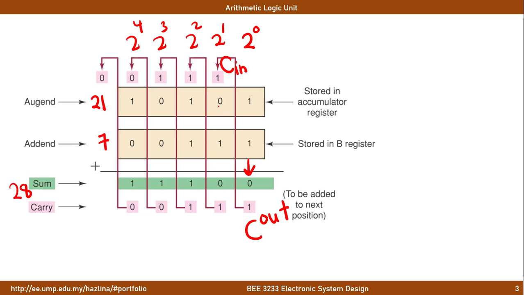The second addition is 0 plus 1, which is equivalent to 1. But remember, it has the carry in of 1 that is being carried from the previous addition. So it is equivalent to 1 plus 1, which is also equivalent to 2. So in this case, we should write here 0 and 1 being carried out to the next addition.